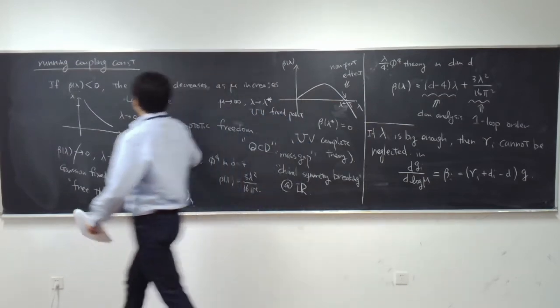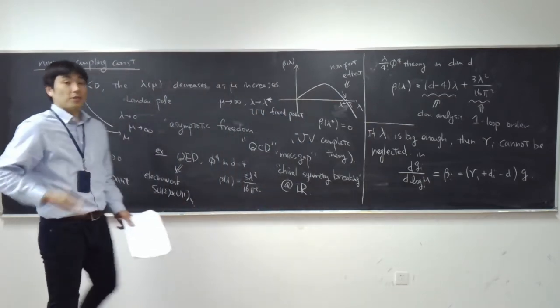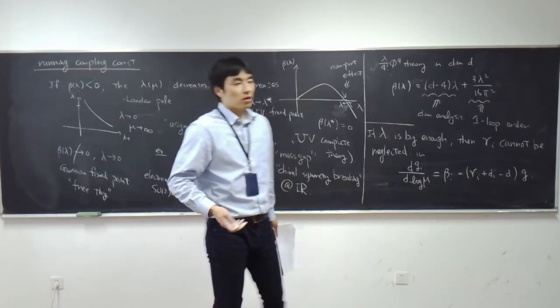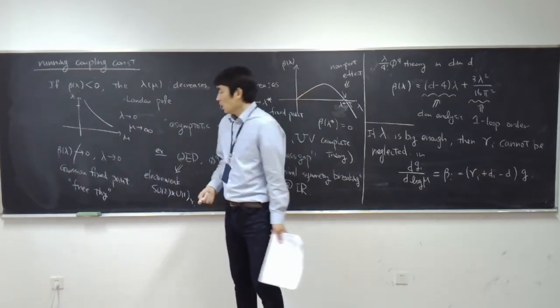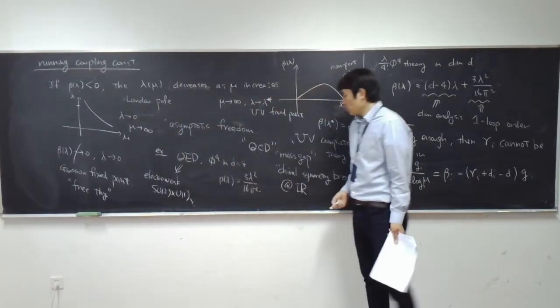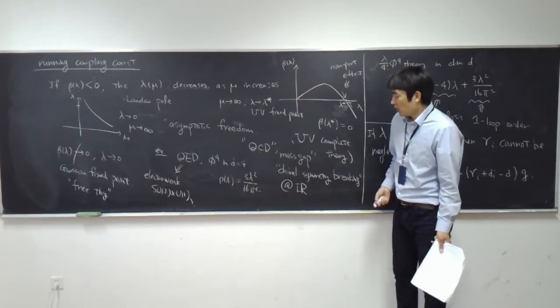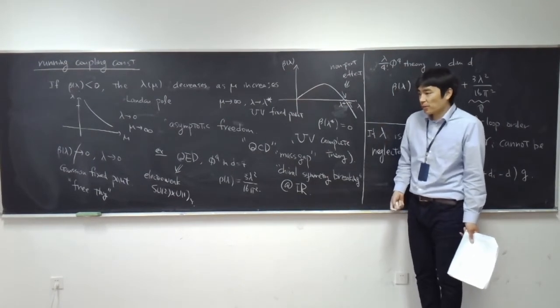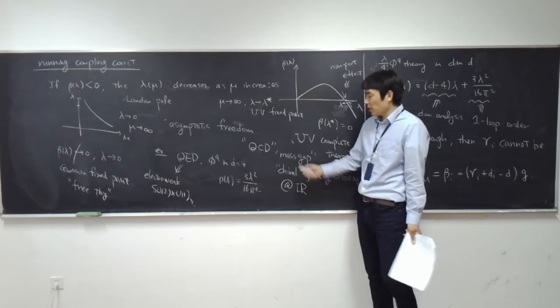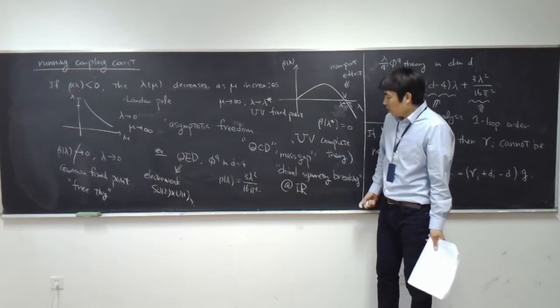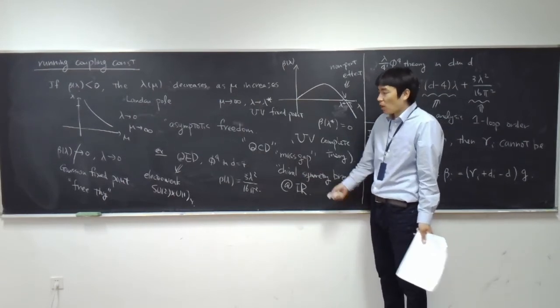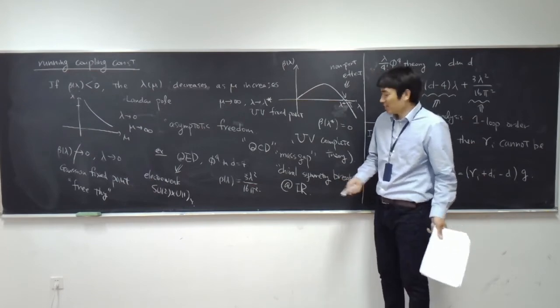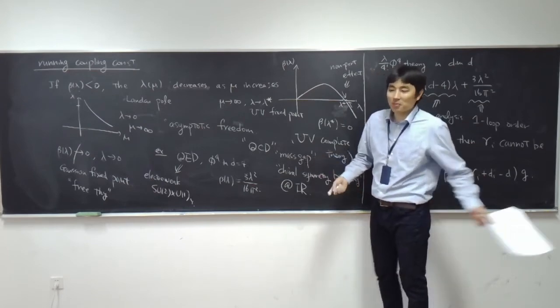Because once you go to IR, the theory becomes strongly coupled, so perturbative analysis is no longer valid. You need to include so-called non-perturbative analysis, and the experiment and nature will tell you that QCD should have these properties at IR. But this is a really difficult problem.